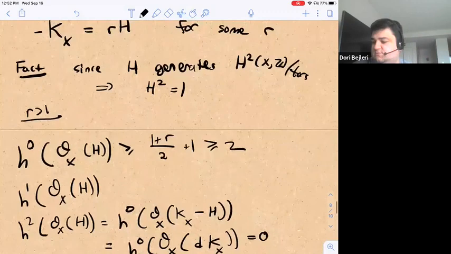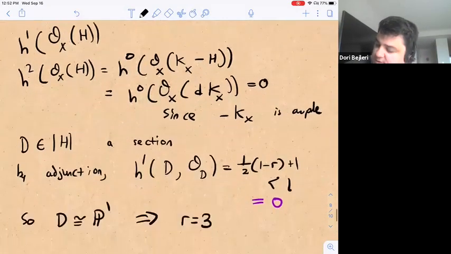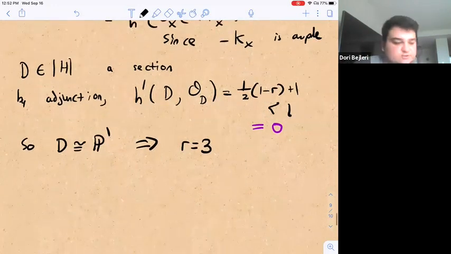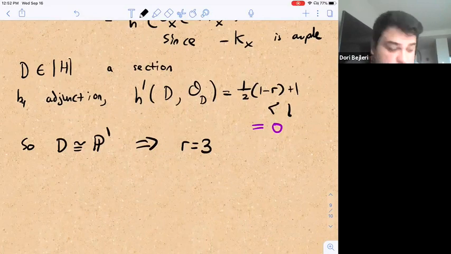Okay, so let's recap the logic. If you assume that r is greater than 1, then you can deduce that r is actually 3, and that these divisors in the linear series of H are actually P1s. And now we'll just use that to produce an isomorphism to P1, to P2, sorry.